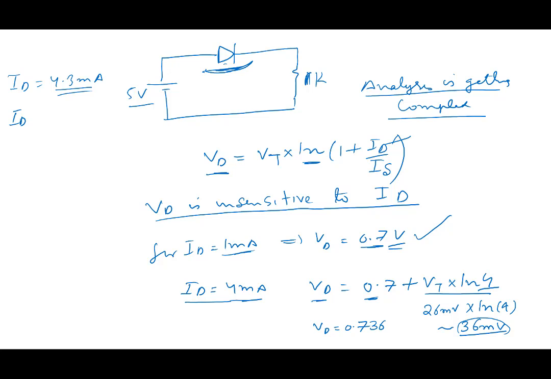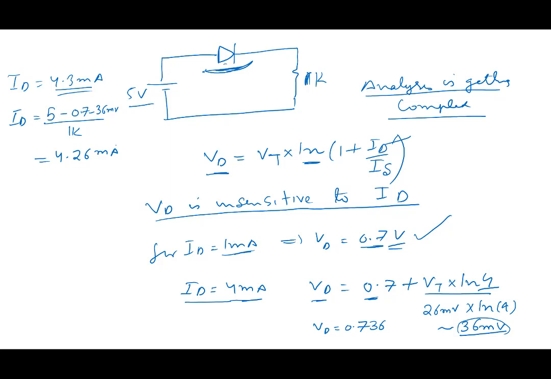The accurate value will be 5 minus 0.736, divided by 1K. That gives me a current of 4.26 milliamperes.